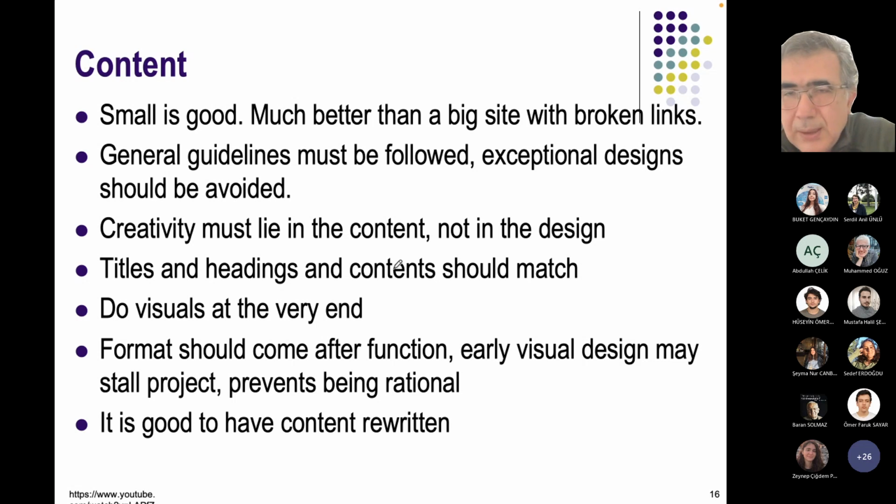Those must be eliminated. There are general guidelines that we have seen in the past lectures. Those general guidelines must be followed. So exceptional designs, such as rotational menus, for example, should be avoided as much as possible, unless there is a reason.